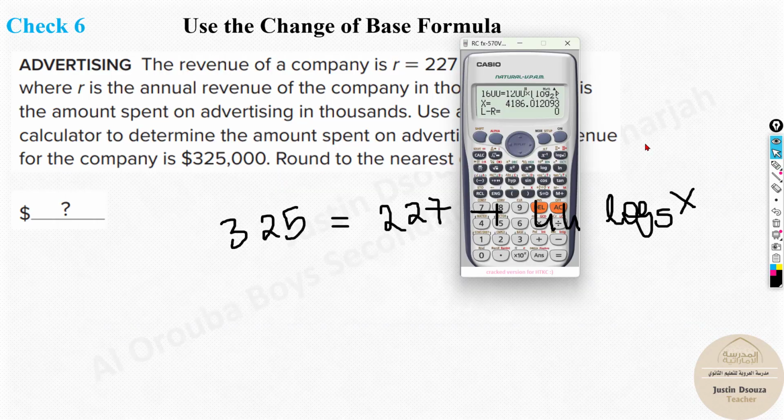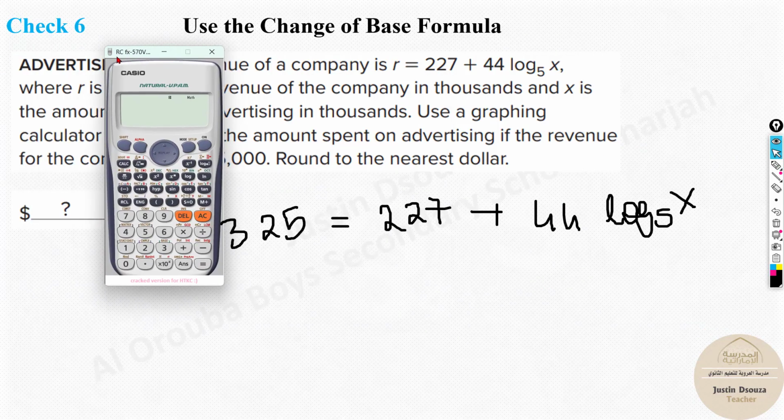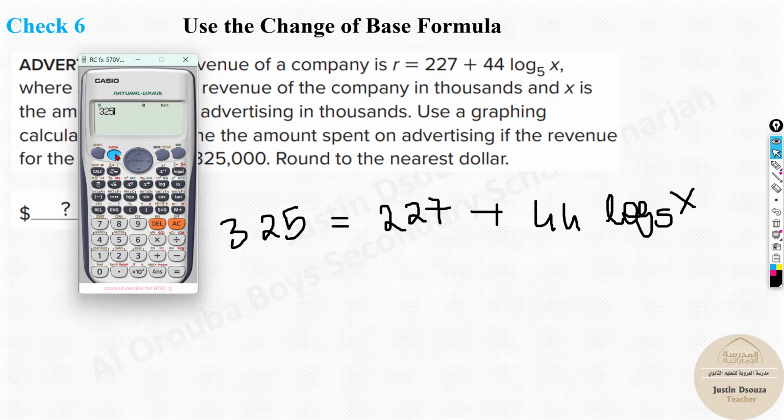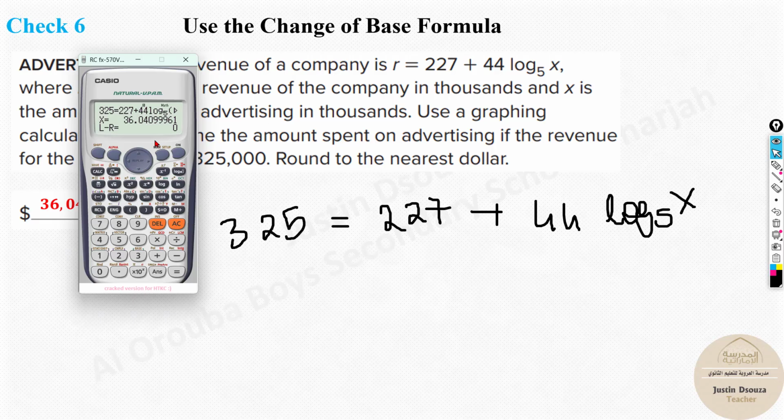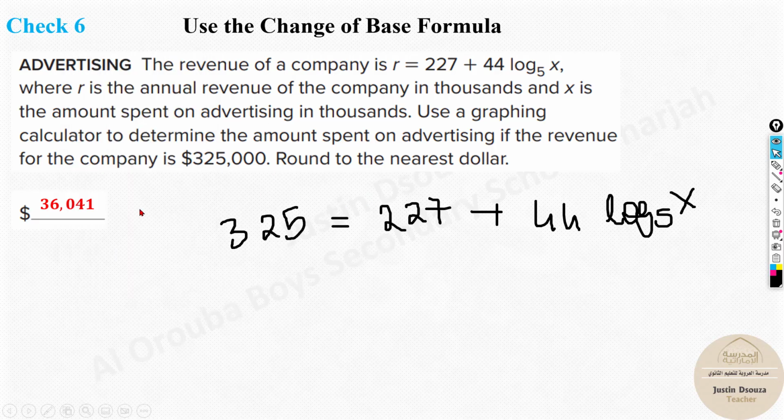Just use your calculator directly and you can get the answer. It is 325 equals 227 plus 44 log base 5, and over here alpha x unknown. Shift and solve, you will get the answer to be 36.040 over here. Now this is in terms of thousand, so after you approximate, just make sure you write 36,041. So that's the answer.